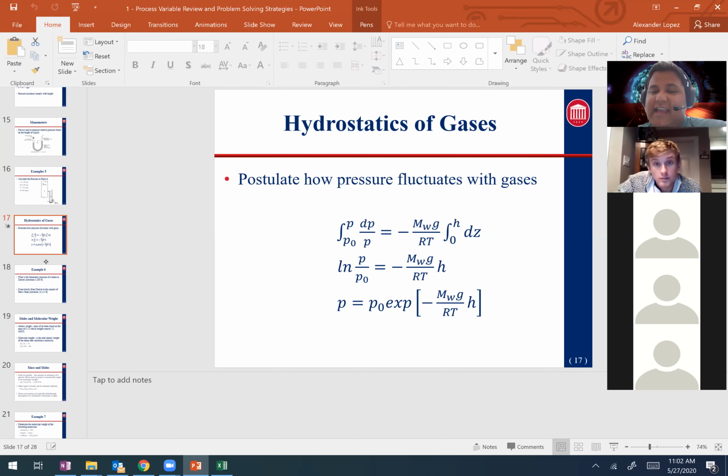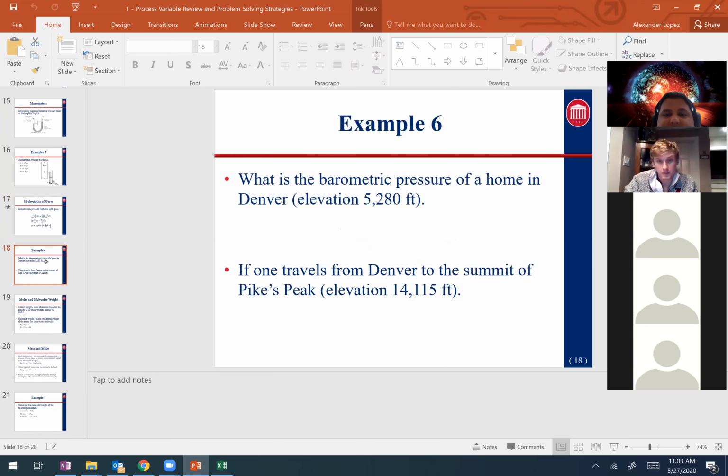When you consider that, the expression changes. We still have the relative pressure, but now we have to consider other values: molecular weight, ideal gas constant, absolute temperature. There's an example on this that we have here, looking at calculating the barometric pressure of a home in Denver, as well as in Pikes Peak.